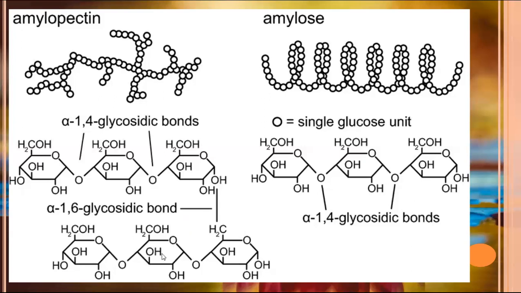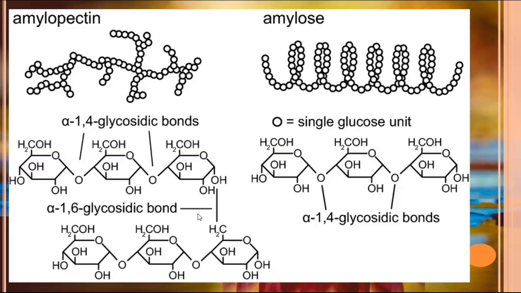In addition to alpha 1,4 glycosidic linkages, it has alpha 1,6 glycosidic linkages at the chain attachments. The average chain length of amylopectin is about 24 glucose units.